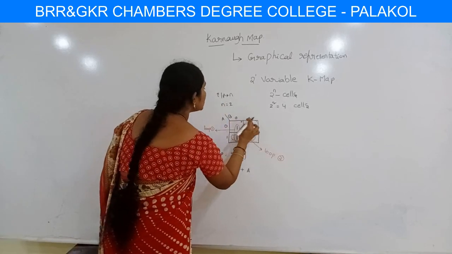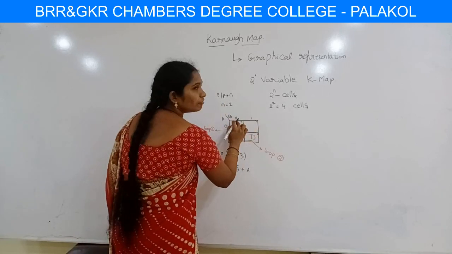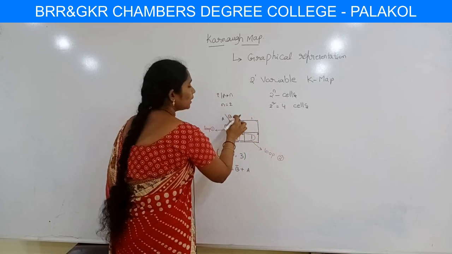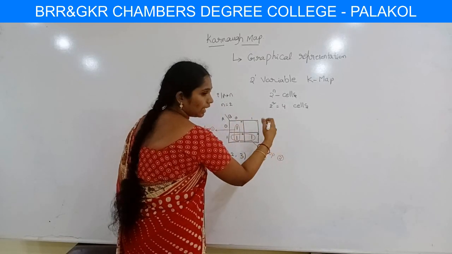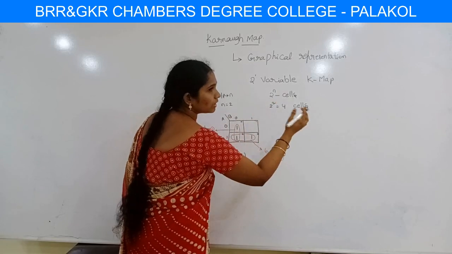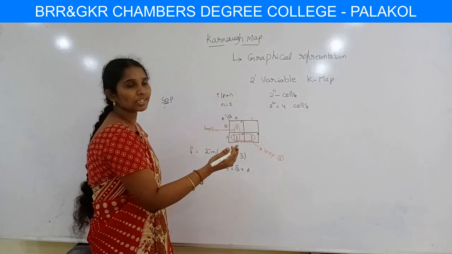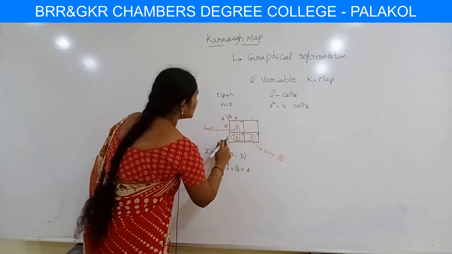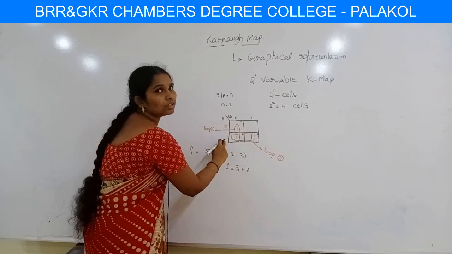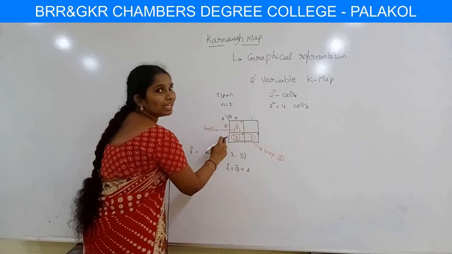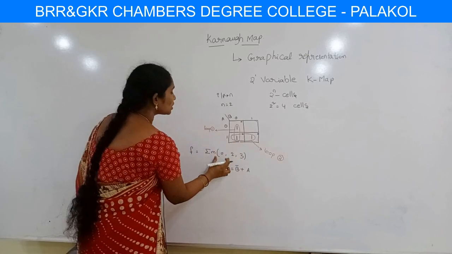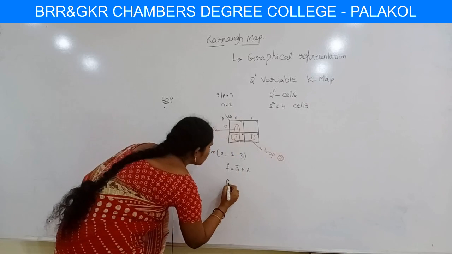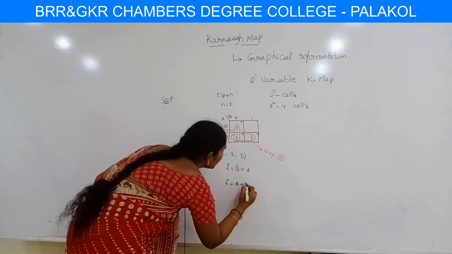After that we see these two are varying: first 0 and 0, then 0 and 1, it changes like this. So we consider only the constant term. Therefore the final expression for this question is f is equal to a plus b bar.